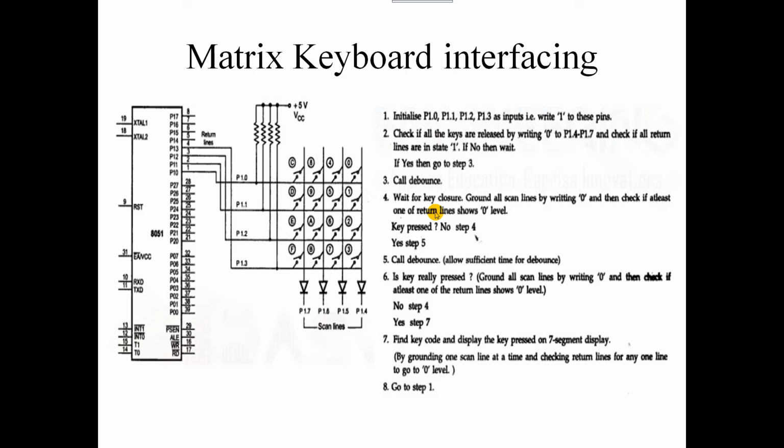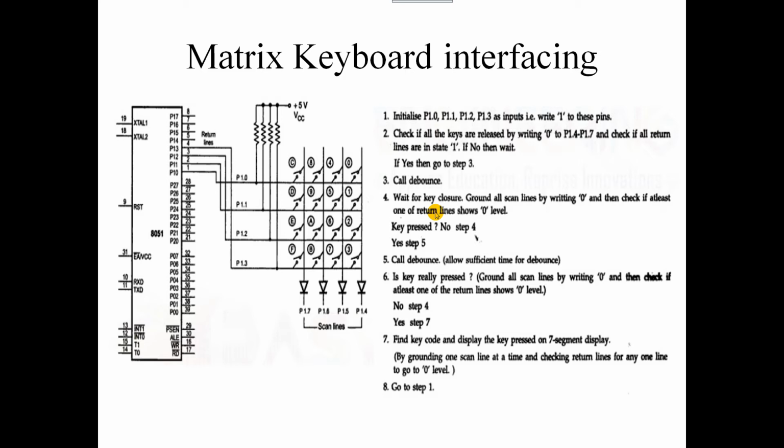Step number 5 is the calling of the debounce delay. If step number 5 is executed, that is, the debounce delay is executed, then step number 6 will be followed. If the key is really pressed, then we will go for step number 7. If it is not, then we will go again for checking the key closure.